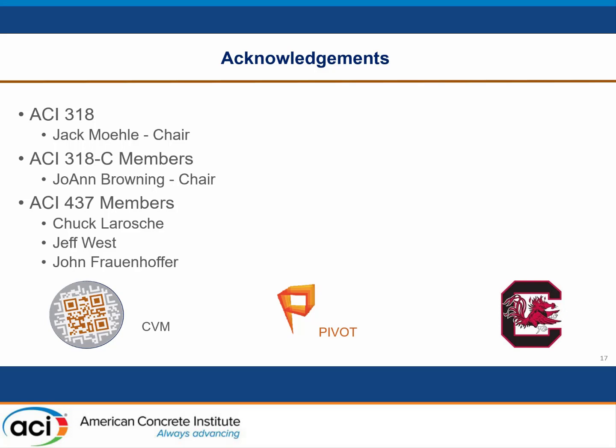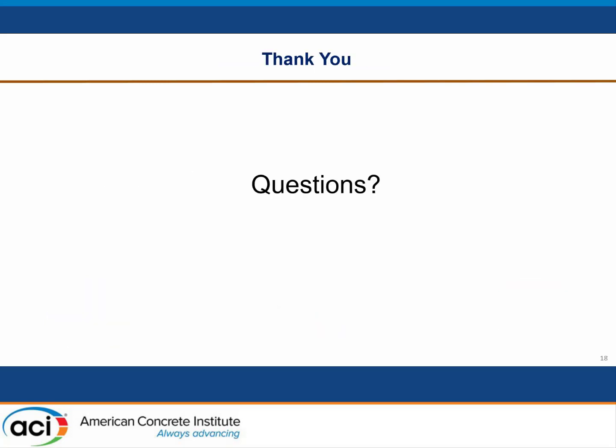And some of our ACI 437 members, in addition to Aaron, Chuck LaRoche, Jeff West, John Fraunhofer, they did a great job on consistently being sources where I could ask questions, review text, great source of information, and helped us out a lot on this process. So I guess with that, we'll see if there's any questions.